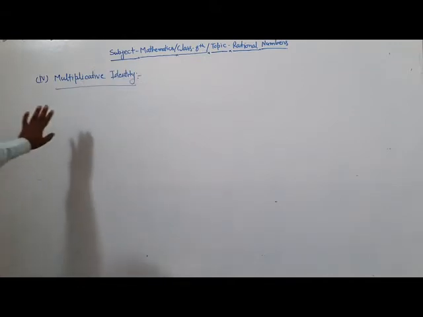In multiplicative identity, the product of a rational number and 1 is the rational number itself.